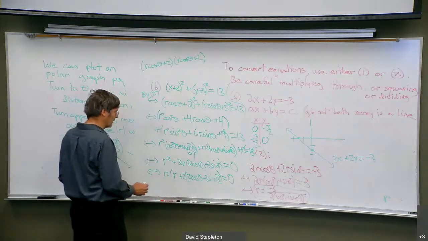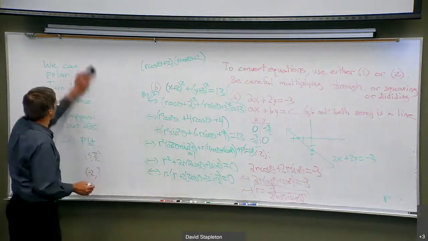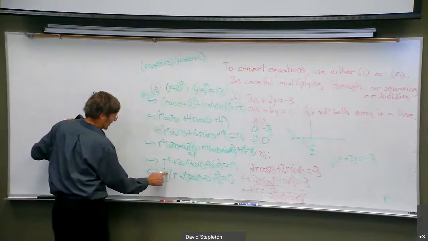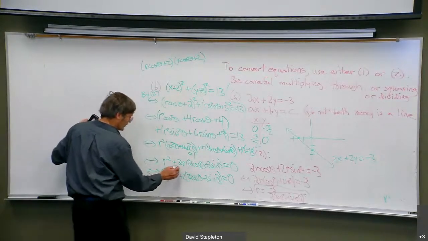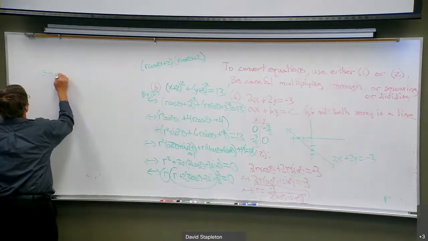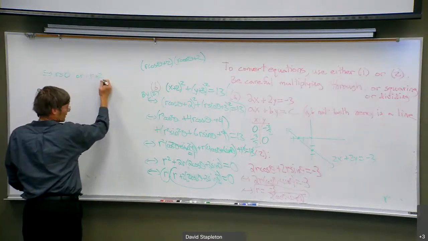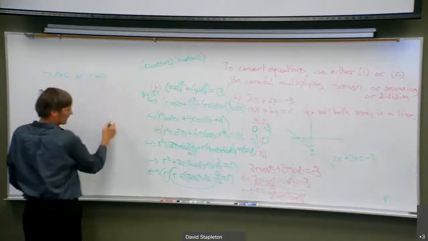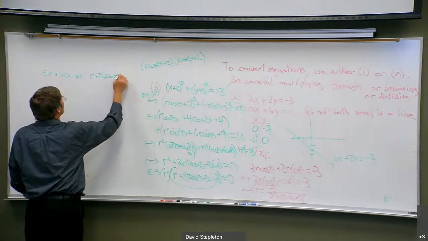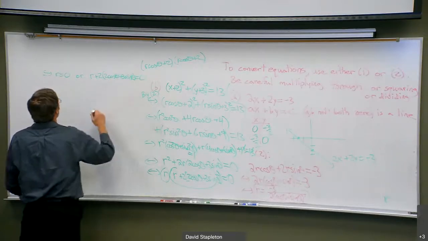How can I make a product equal to 0? A product is 0 if and only if at least one of the factors is 0, right? So I have either this factor is 0, factors are things that are multiplied together, or this factor is 0. So I write them equivalently as r equals 0, or r plus twice, oh, maybe I didn't need to factor that 2. It almost looks harder, but 2 cosine theta plus 3 sine theta equals 0, and I can solve these, right?